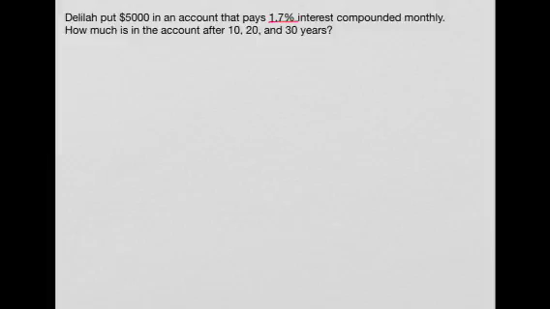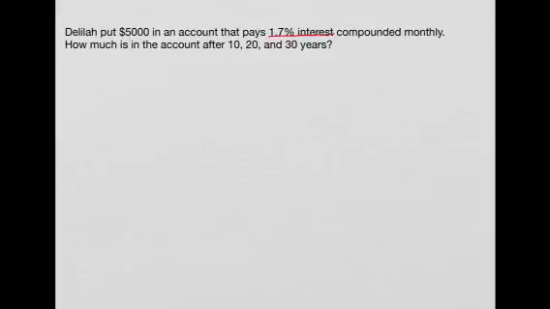So we have 1.7% interest. Again, we need to take that into a decimal, so 1.7 divided by 100 would be 0.017. So that would be our interest, but we're compounded monthly, so that's going to be 12 times per year.